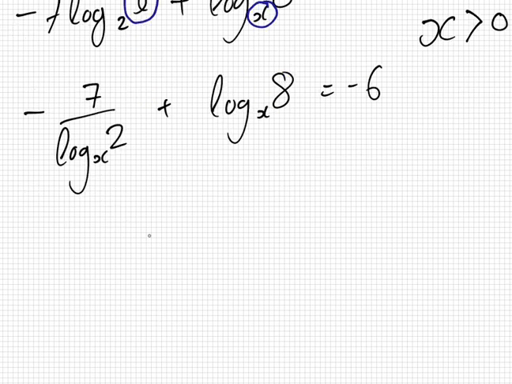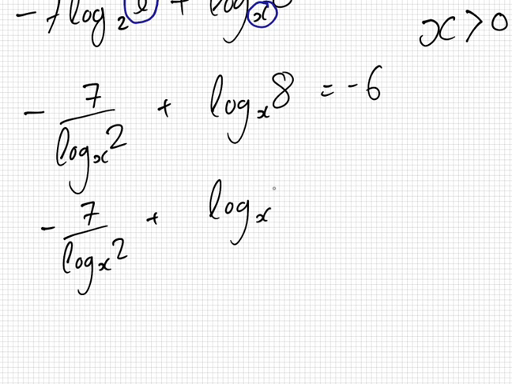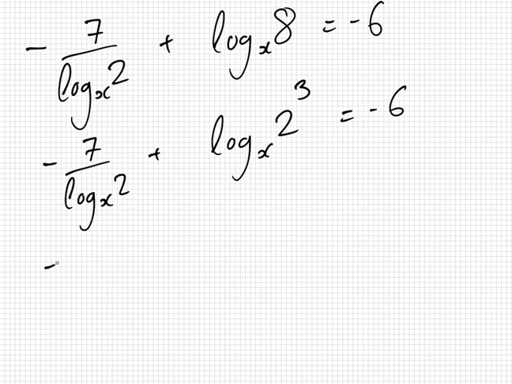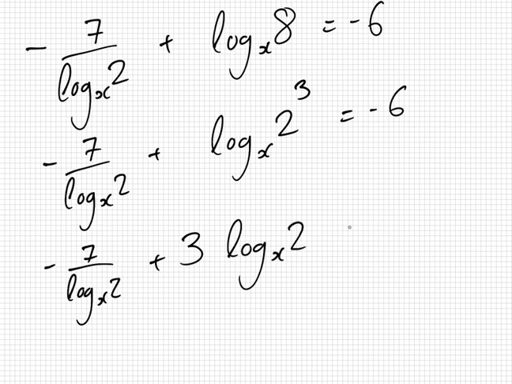Okay, now we can say this is minus 7 over log x2 plus log x2 cubed equals minus 6. So this is minus 7 over log x2 plus 3 log x2 equals minus 6.